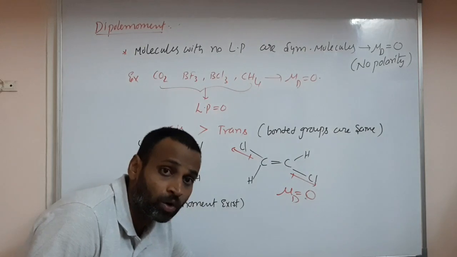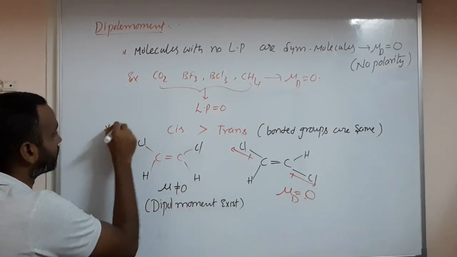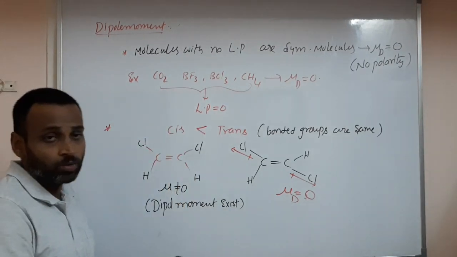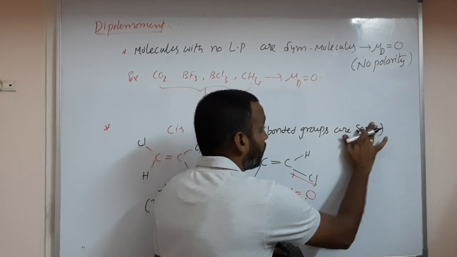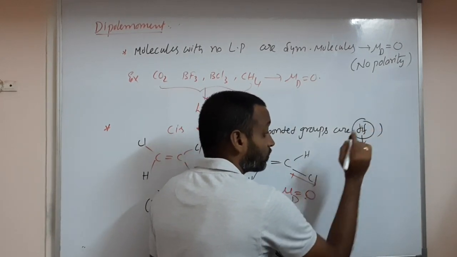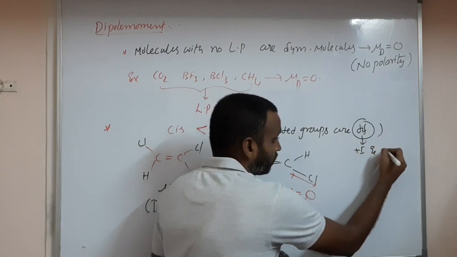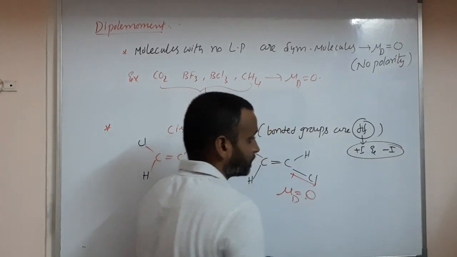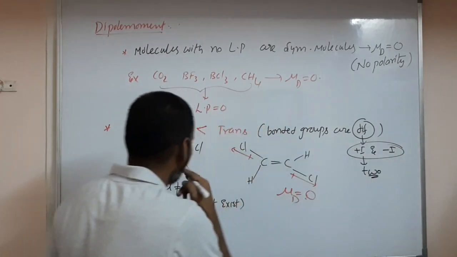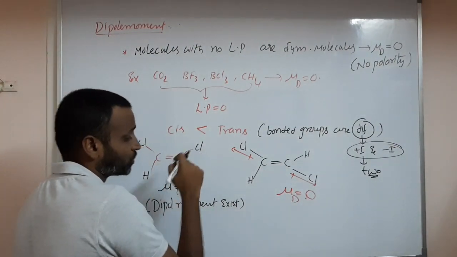You write this down by taking a screenshot. I will give you one more here. Than cis, trans has more dipole moment when the bonded groups are different. One more thing, two groups will be there: one should be a plus I group and one should be a minus I group.